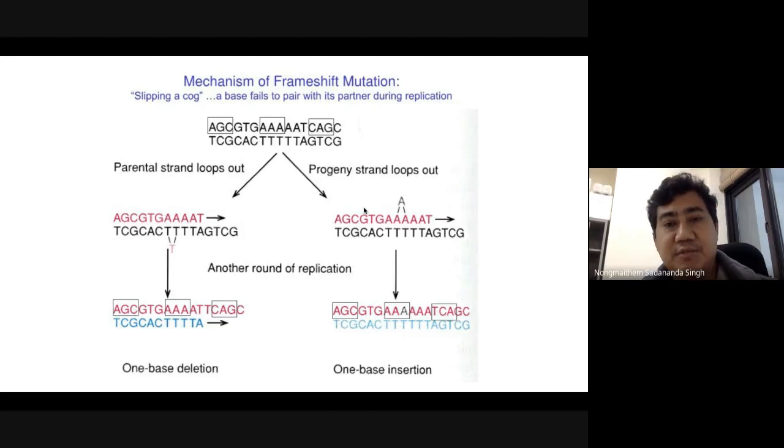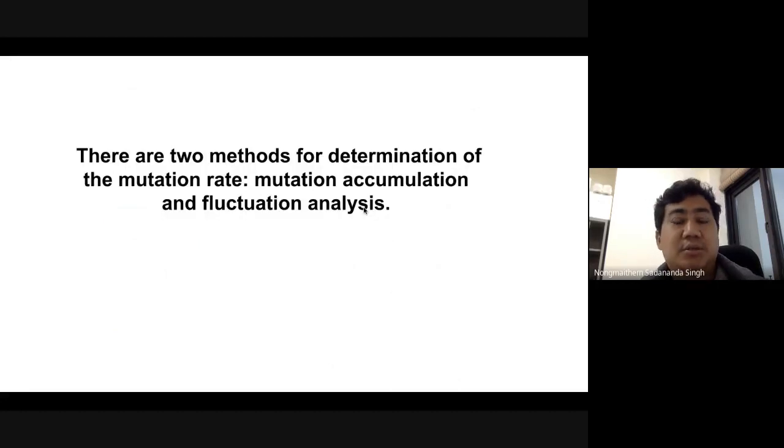All these mutation frequencies are very important to know about. So there are two methods to measure mutation rate. So mutation rate, when we say, we'll come to that point.